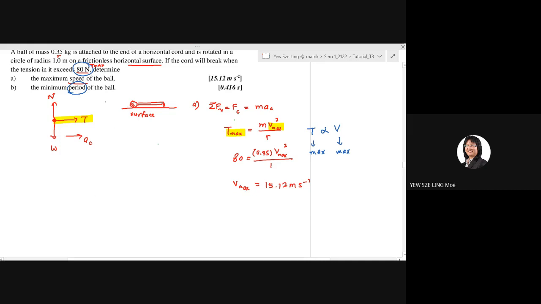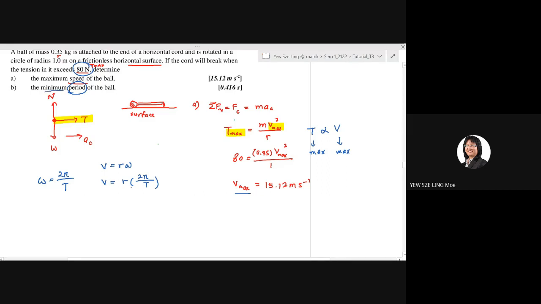Previously, the equation we use quite often for the period is omega, where omega is always equal to 2 pi over T. That is what we used quite often yesterday. From omega, we can link it to our velocity, where v equals r omega, which is v equals r times 2 pi over T. Now there is our period. So you want to find the minimum period.